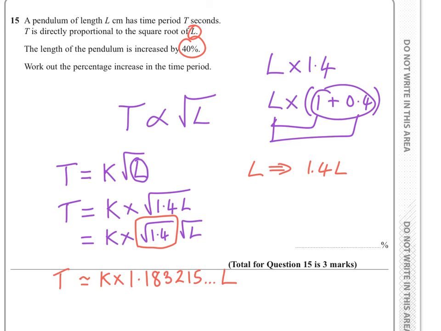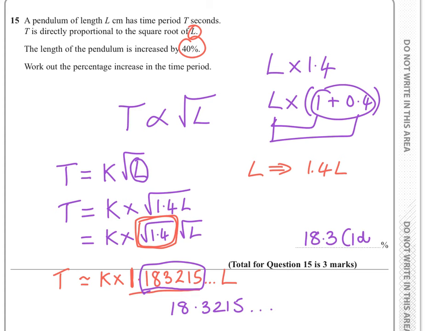And when we square root this 1.4, we end up with 1.183215, which to me is having the original amount, i.e. 1, and then you've got 0.183215, which as a percentage is 18.3215 and so on. So I think my answer would be, to one decimal place, 18.3%, and I'll write 1 dp here.